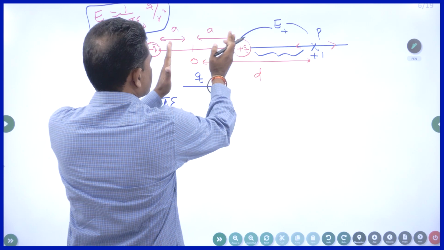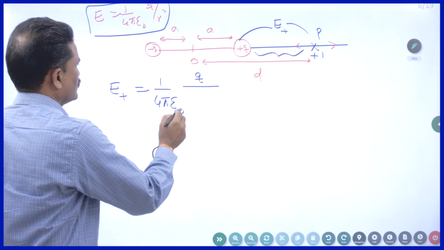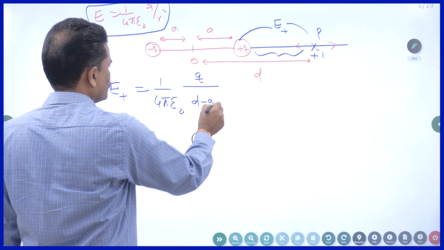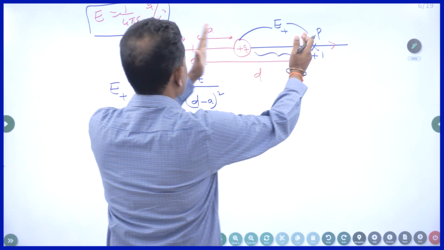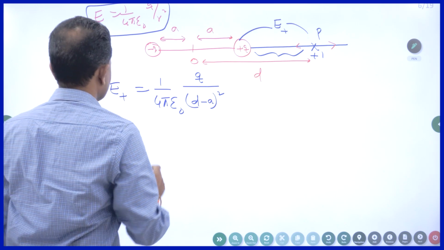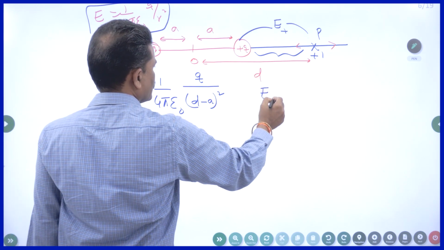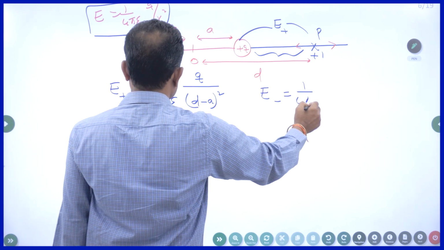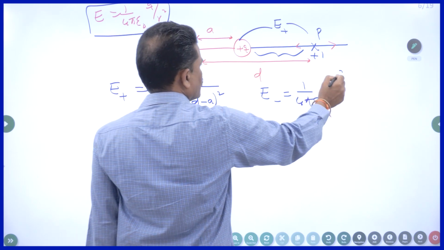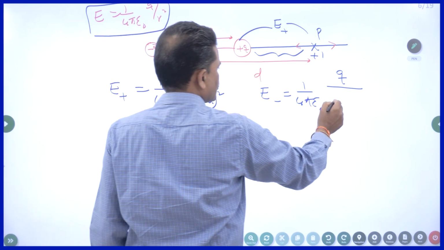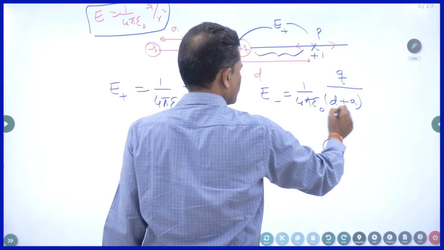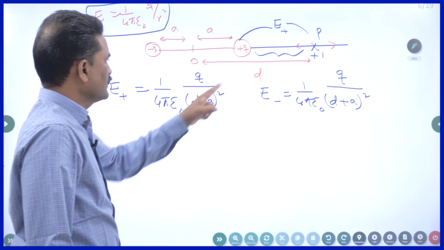So this is d minus a whole square. Now, in the next case, I want this distance, so that is E minus. E minus is equal to 1 by 4 pi epsilon naught q by d plus a whole square. So this is greater than that.